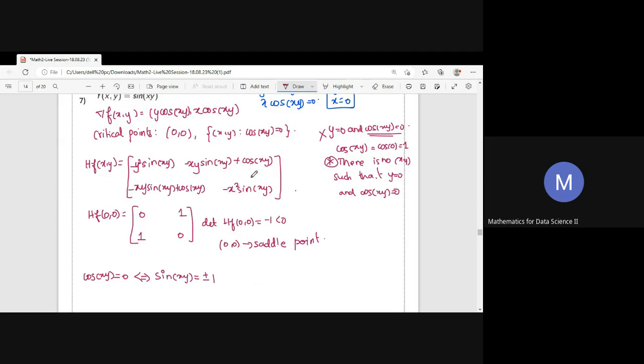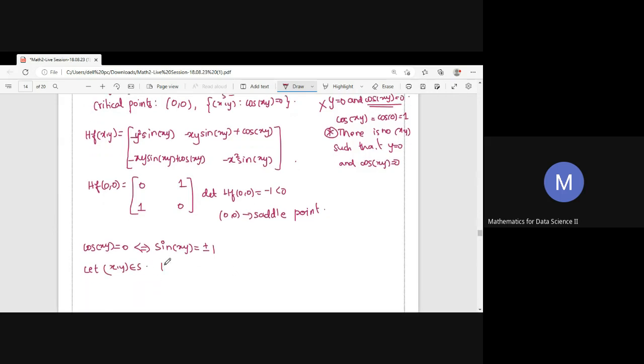So with this condition, now let us consider the set S. Let x comma y be any point from your set S. Now what happens to your Hf of x comma y? What happens to your sin xy value? Plus or minus y square.